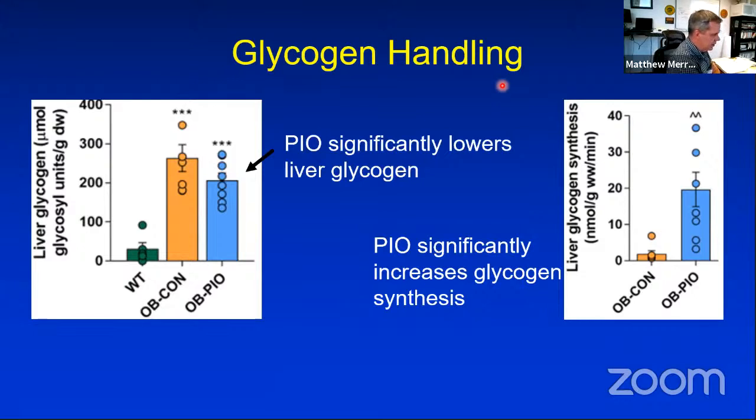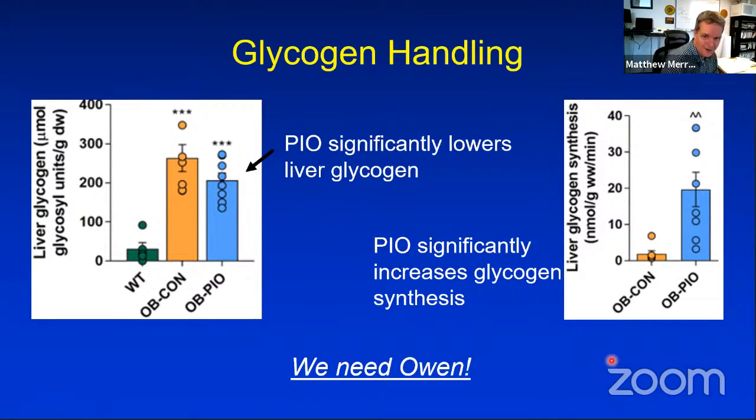And then the PO treatment lowers the glycogen content significantly, but it doesn't come anywhere close to restoring it to the wild type. But using another tritiated glucose experiment, we found that glycogen synthesis is actually increased in OBPO versus the control. So this is inferring that there's some kind of glycogen cycling that's probably going on.